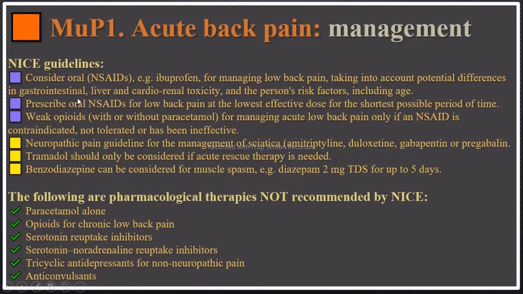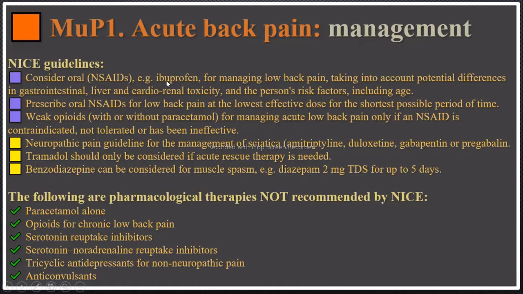So already you will give the patient analgesia. Which analgesia? Oral non-steroidal anti-inflammatory drugs like ibuprofen for managing low back pain, taking into account potential differences in GIT, liver, cardio-renal toxicity, and the person's risk factors, including age.